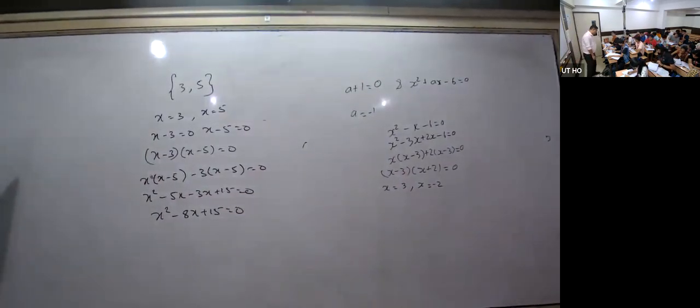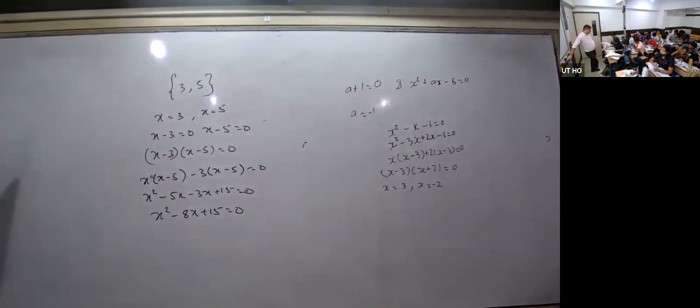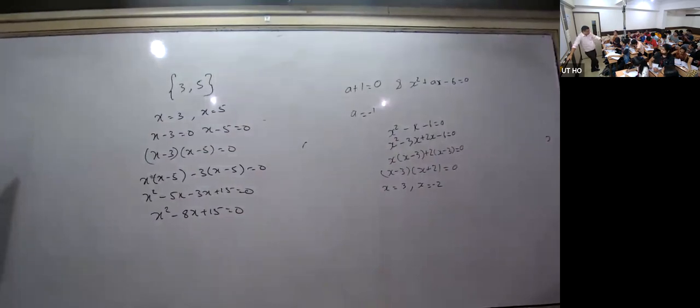That was find the value. Which one and which one? But question number 9 is y is equal to 2x minus 3. All of you know how to answer the question.